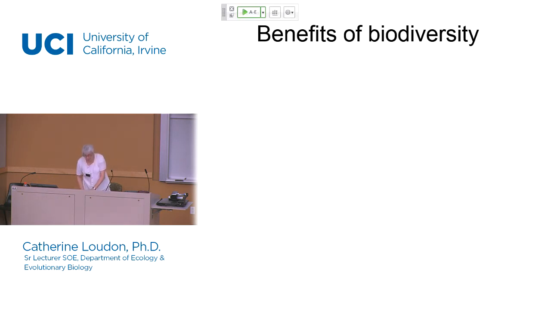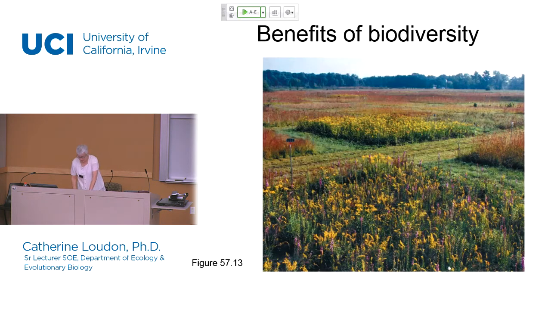Well, there have been a number of different kinds of experiments. This gorgeous picture from your textbook, which is figure 57.13, shows some examples of experimental plots at a very famous field station in Minnesota, the Cedar Creek Natural History Area, which has been the location where a large number of these studies have been performed in a way in which plots are specifically manipulated in terms of the makeup of the species.